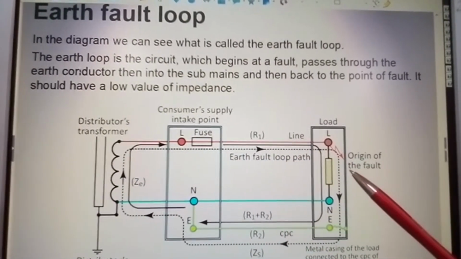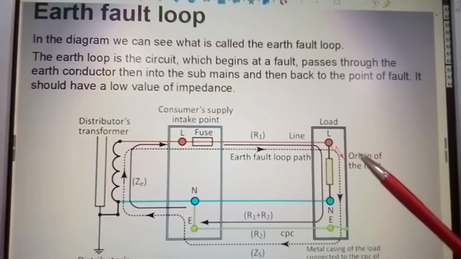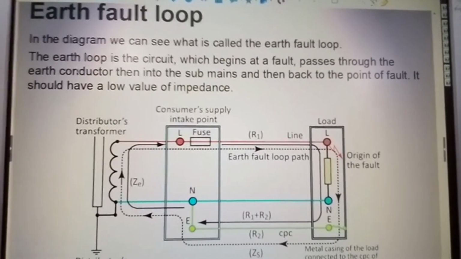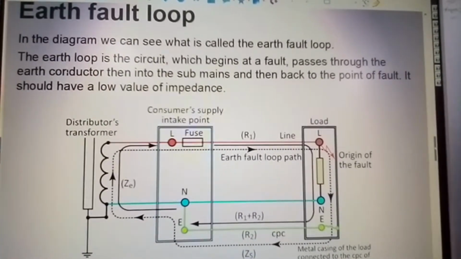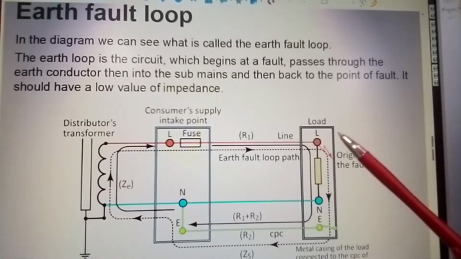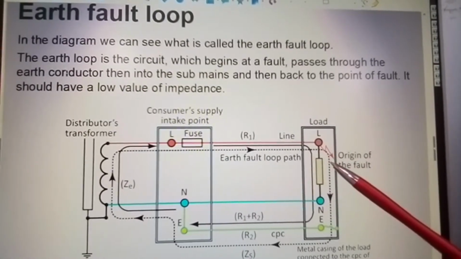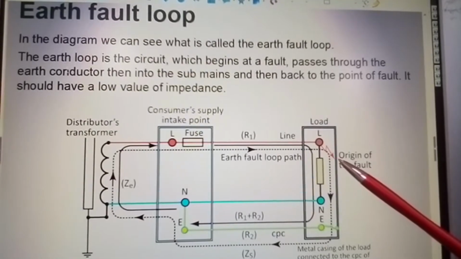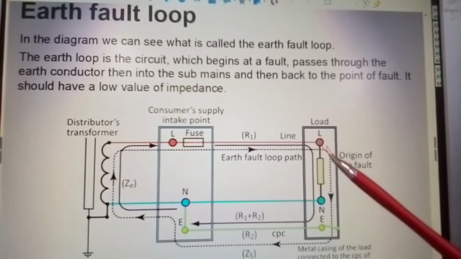But remember that your protective devices should be in such a position that if a fault occurs, it will trip and protect your load, irrespective of what that load may be.